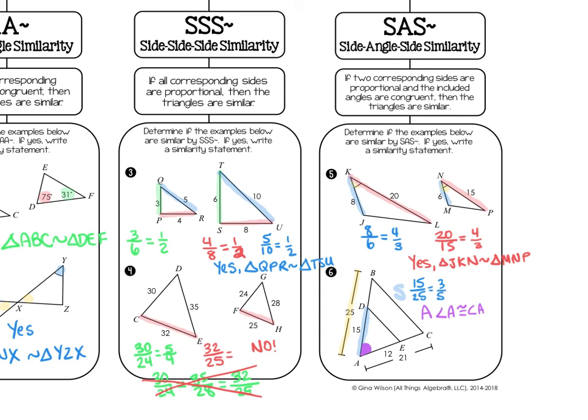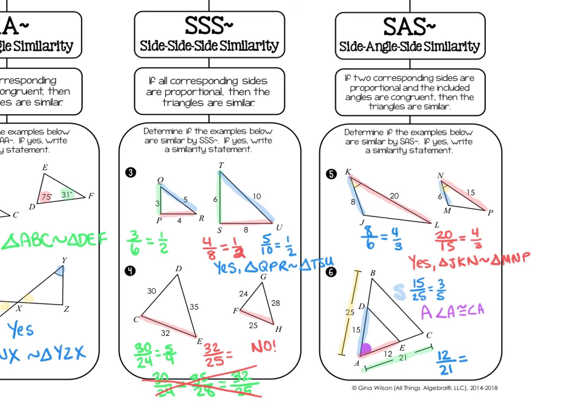First thing we want to look at is AE, and we will compare that to AC. So we'll write that ratio, which would be 12 over 21.